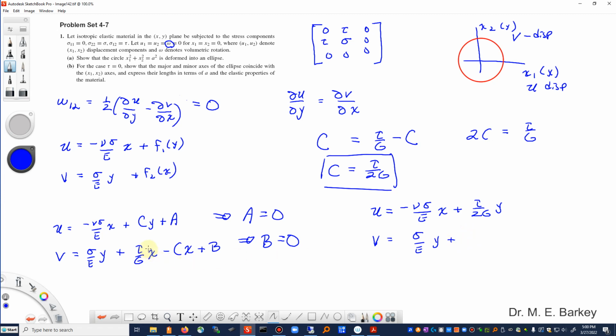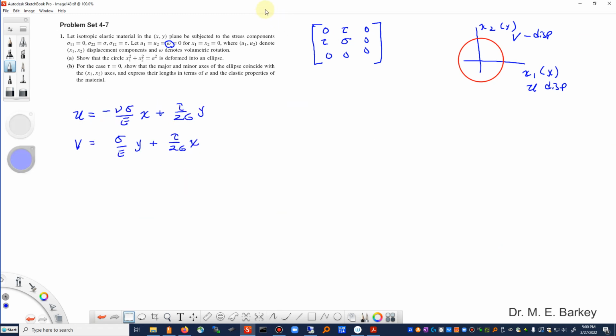Let's see, here we have tau over G minus a half tau over G. That's going to give us a half tau over G times x. All right, let's take those equations and we'll start with that to see if our circle turns into an ellipse.